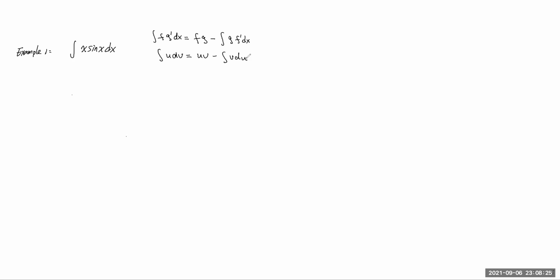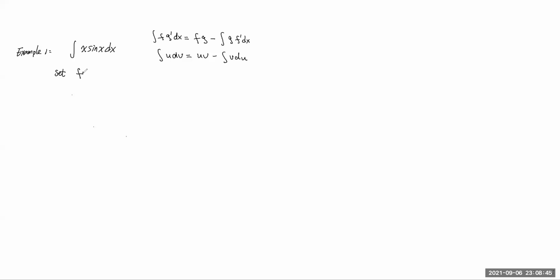So how do we do this problem? If you want to use integration by parts, you have to find what's u and what's g prime, right? So let's see it.